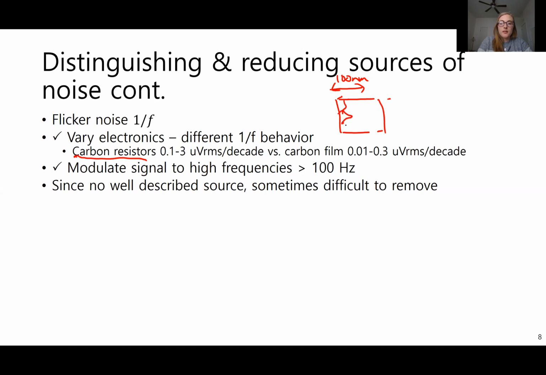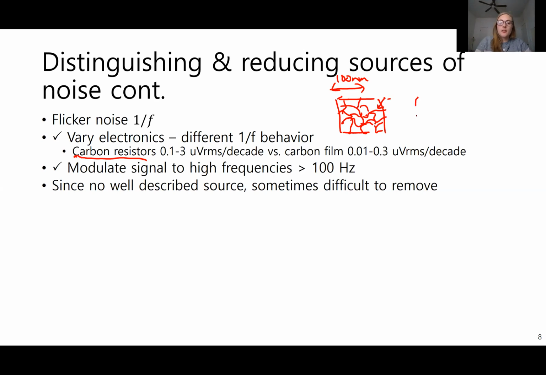There are carbon grains in these carbon resistors, and it's been figured out that flicker noise arises based on the boundaries between these grains. So this will lead to flicker noise that's around 0.1 to 3 microvolts per decade of frequency.